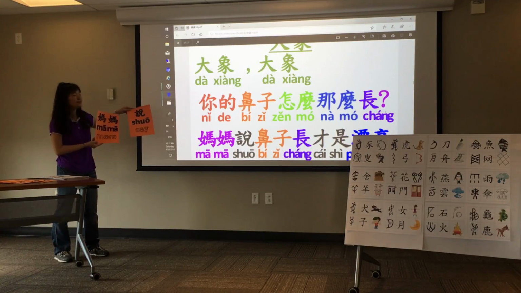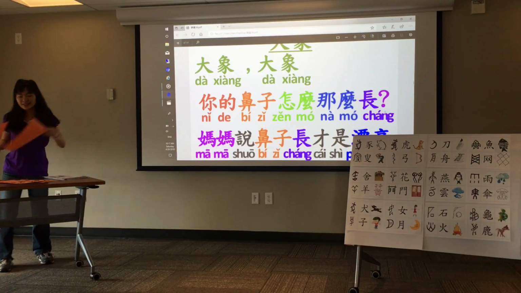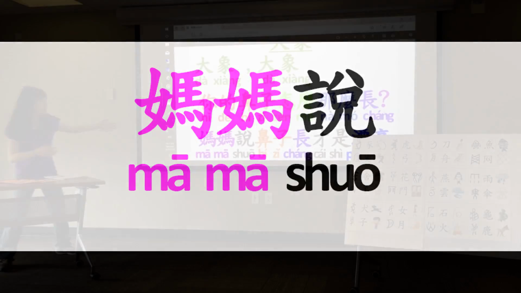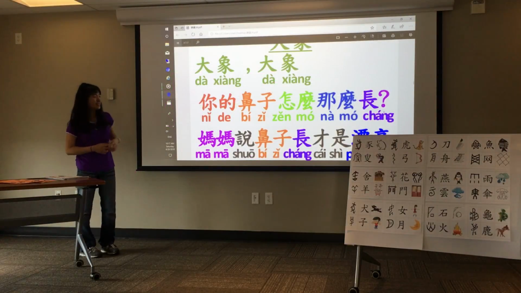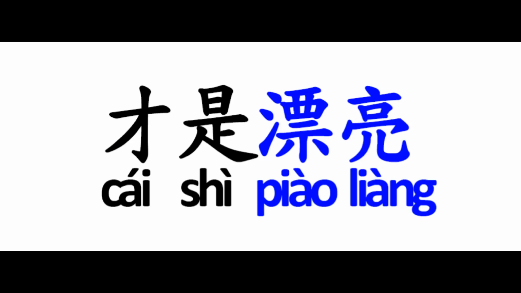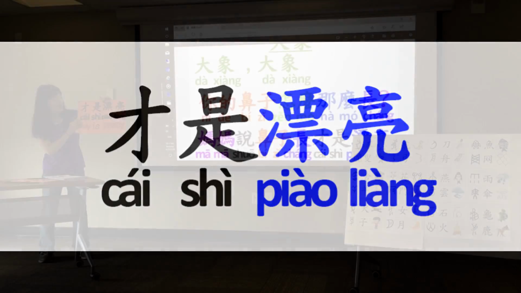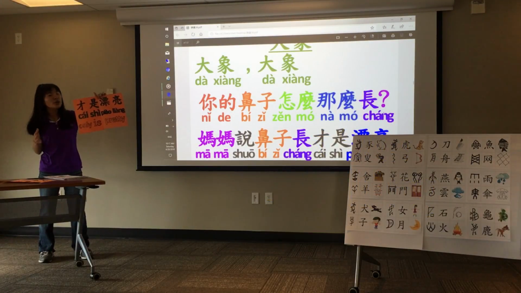So 妈妈说 means mama says. 鼻子长, long noses. 才是漂亮 is a little bit tricky. 才 roughly translates to only.